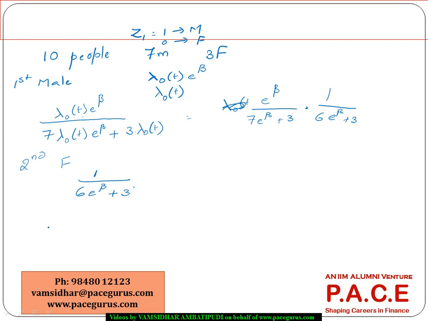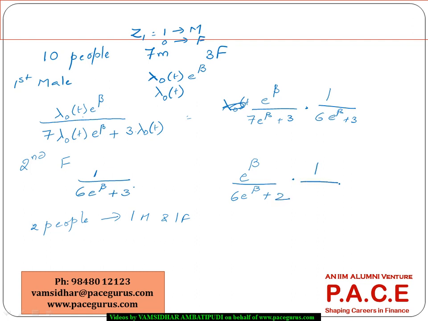And after that, suddenly let's say 2 people died, one male and one female on the same day at the same time. So the contribution of the male is e power beta divided by, because both of them have died at the same time, I have to consider 6 males plus only 2 females.